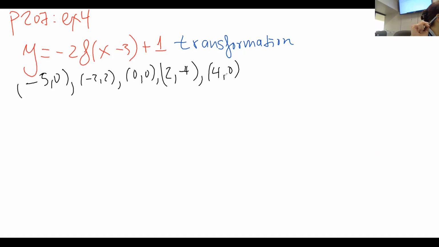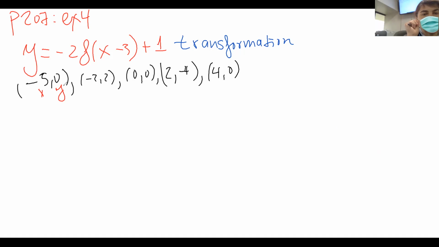So what do we need to do? Let's get the first point. Okay, negative 5 and 0. So what has been done? We have x and y, right? Let's write it with a little red. This is x and this is y. So let's see first what's been done to the x. One step, but now we have x to transform each one.